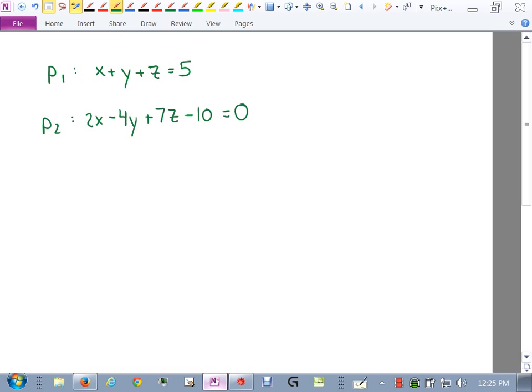All right, so what we need is a point. That point will come from the vector x naught, y naught, z naught. But that's actually just any point that lives on both those planes, right? Any point.